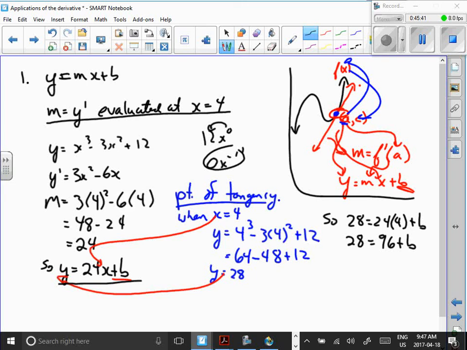Subtract 96 from both sides. Is it negative 68? B equals negative 68. Therefore, the equation of the tangent is y equals 24x plus b, or minus 68.